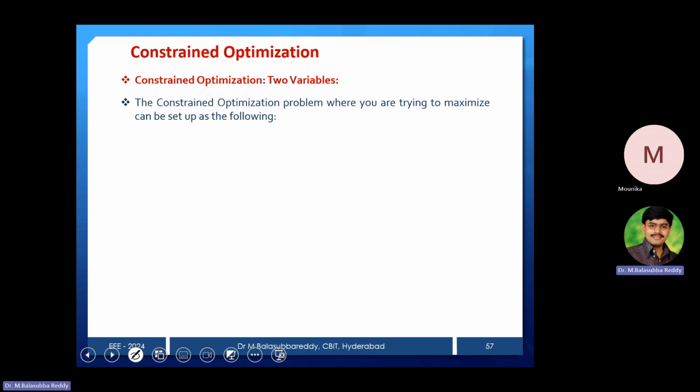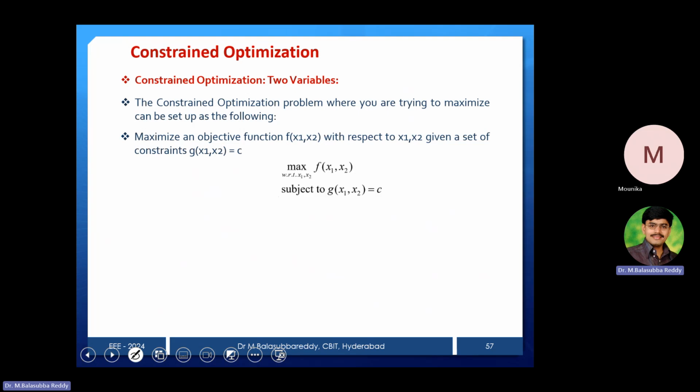Now consider maximizing, which can be set up as follows. f of x consists of variables x1 and x2. Then the constraint is g of x1 comma x2 equal to c, a function of two variables that must be equal to some constant value.